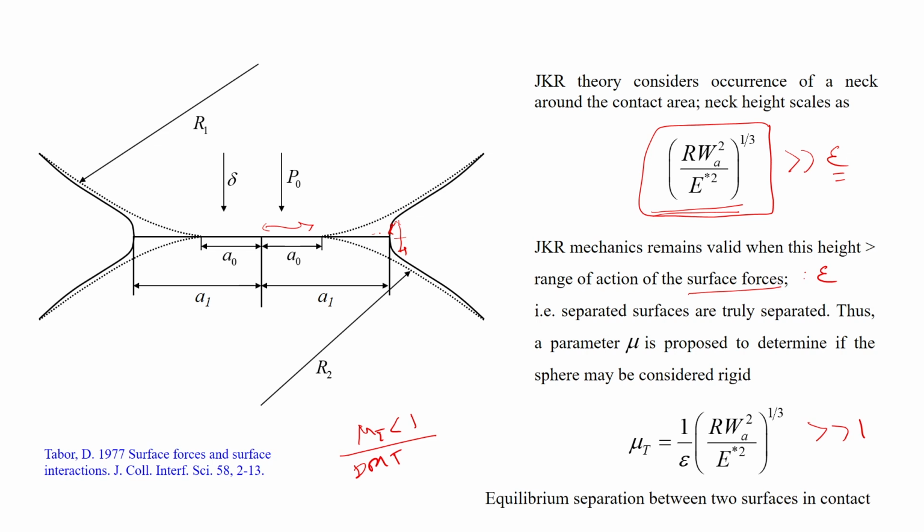Surface forces are short range, and there is a limit on the gap between two surfaces within which these forces can act. That is the way he defined this particular parameter called the Tabor parameter.